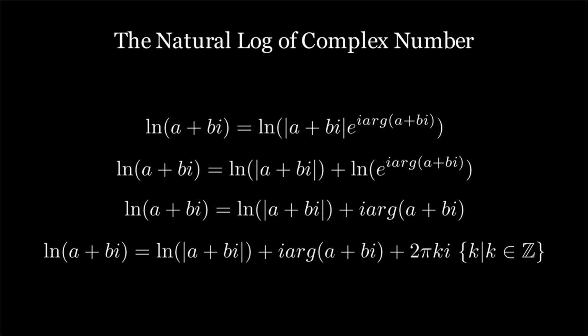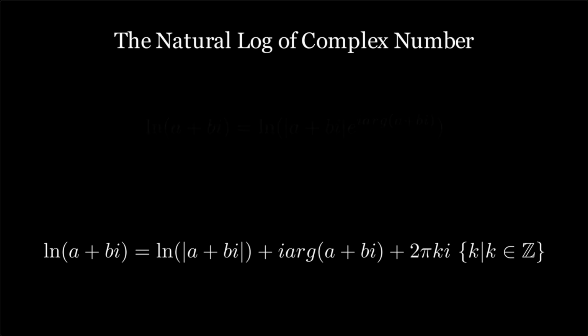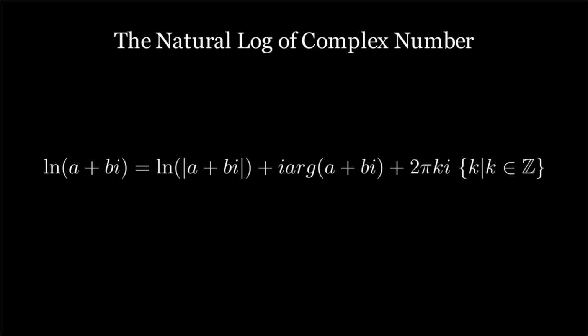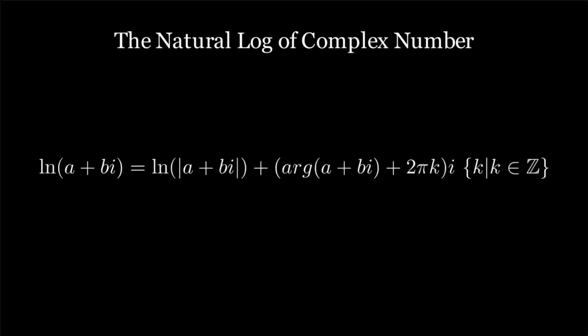Now we can do some simplifying and grouping, and we can completely define the natural log of a plus bi as the natural log of the modulus of a plus bi plus the argument of a plus bi plus 2 pi k times i, where k is any integer.